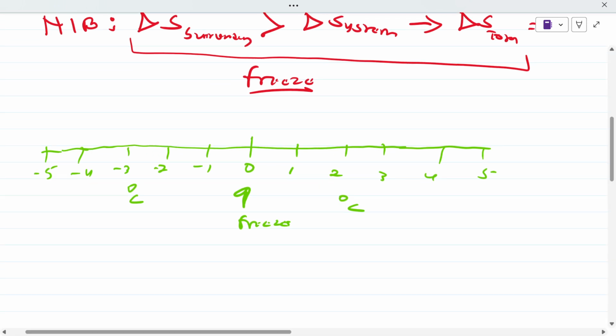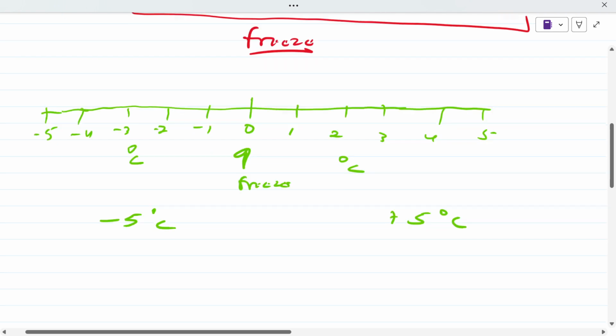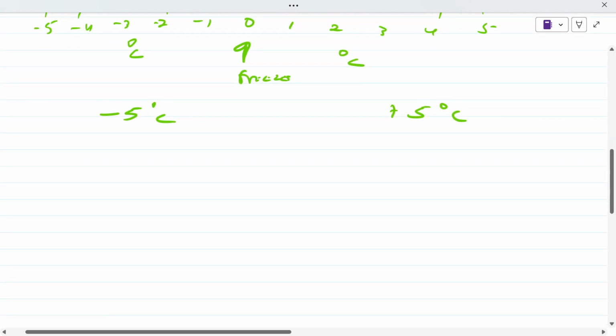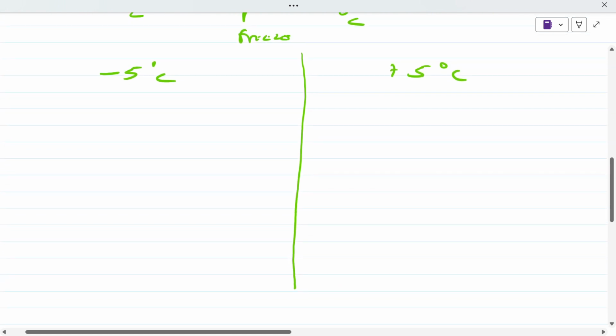For example, I want to determine what is really causing water to freeze at a temperature of -5, and also what is causing water to be a liquid at a temperature of +5 degrees Celsius, respectively. So I'm going to divide this space into two, then do my calculations. Let us see what we are going to have at the end of the day.